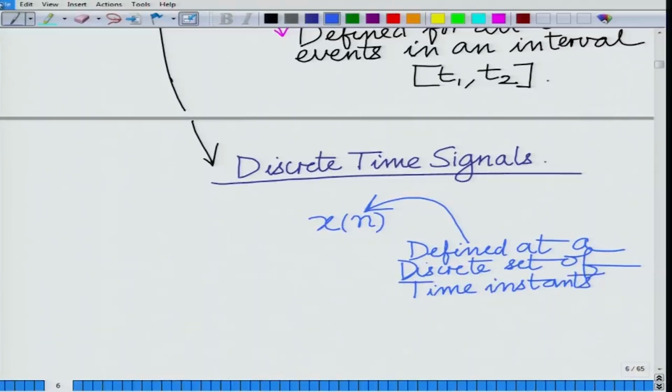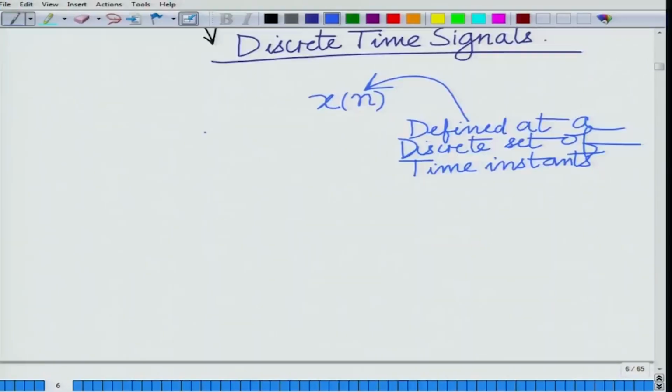These are defined at a discrete set of time instants. For instance, you have a discrete time signal, which is what is known as a stem plot, defined at a discrete set of time instants.